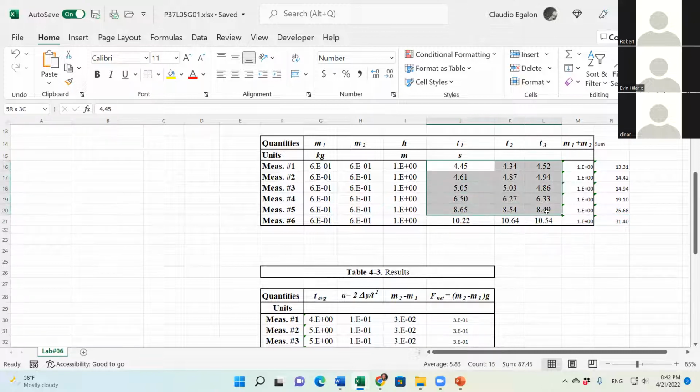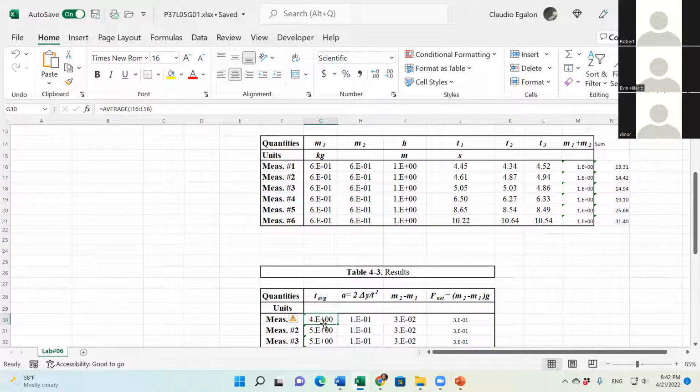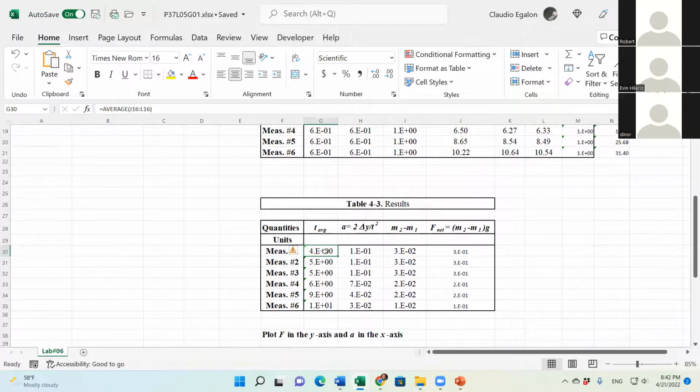All of those increase from 3 to 4 because we are summing those values. Now, when you go to T average, you have to display 4 significant figures, which would be 3 decimal places here and 2 decimal places here.